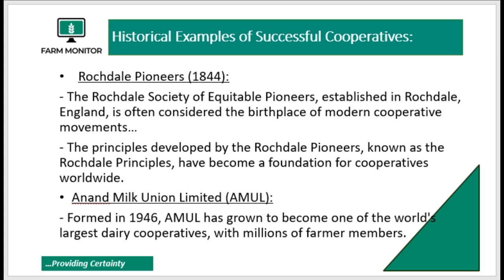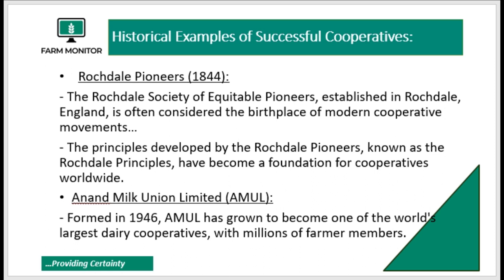The society was founded by a group of weavers who felt that they were being exploited by local merchants, and then they established a cooperative store where members of the cooperative could buy quality goods at fair prices, thereby boycotting the exploitation. The principles developed by the Rochdale Pioneers, known as the Rochdale Principles, have become a foundation for cooperatives worldwide.